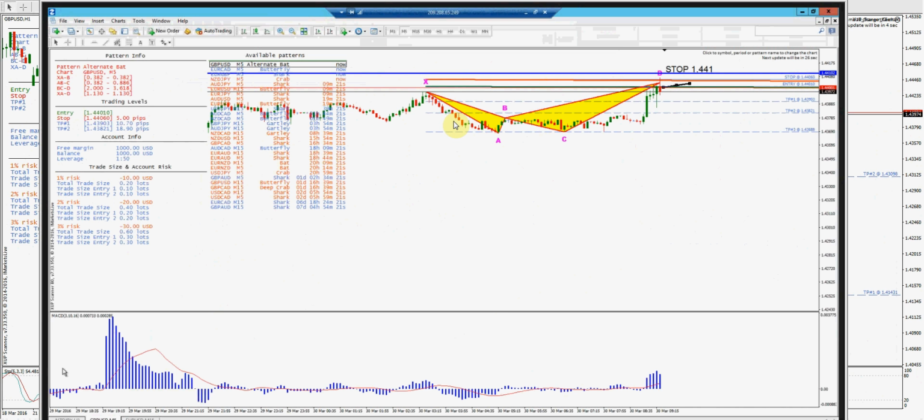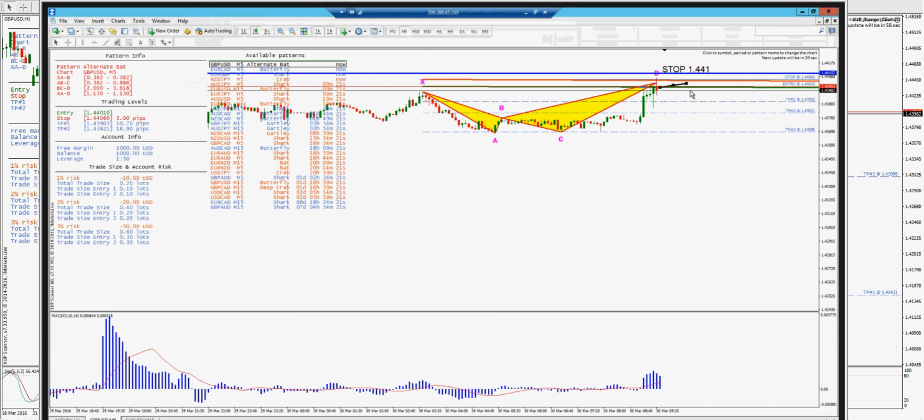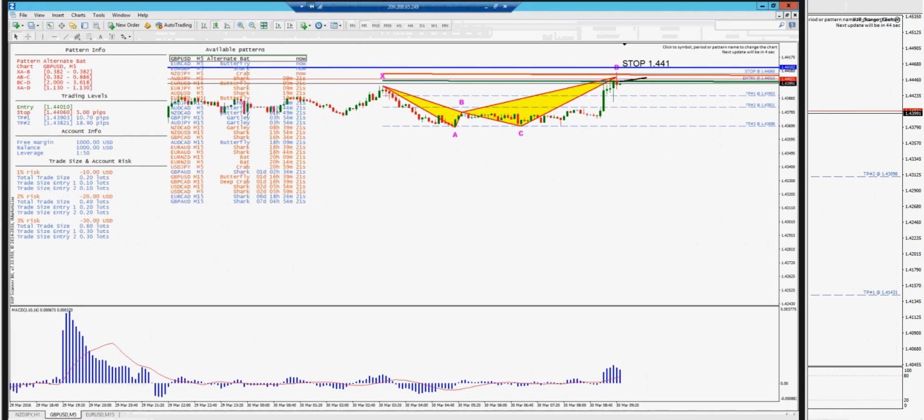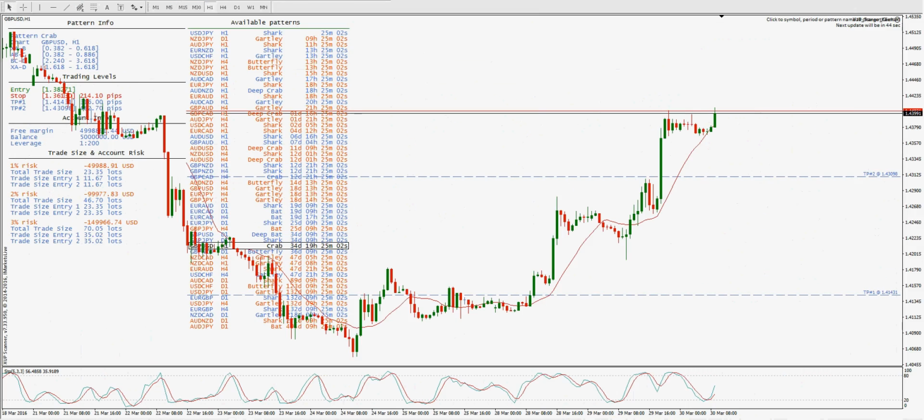You can actually add your own 0.20 per thousand, because you got such a small risk. See this? You got like 10 pips. If it stops, no big deal. You walk away, okay? Let's see what else we got.